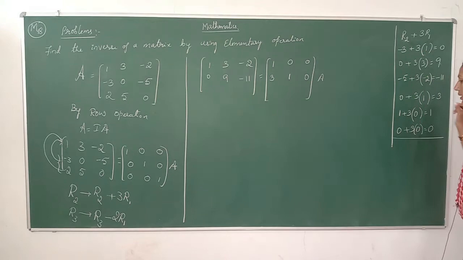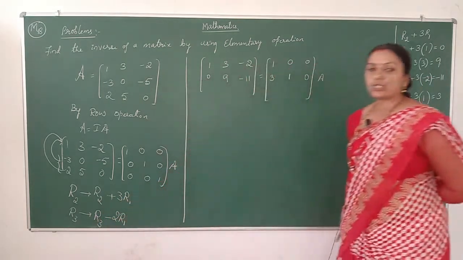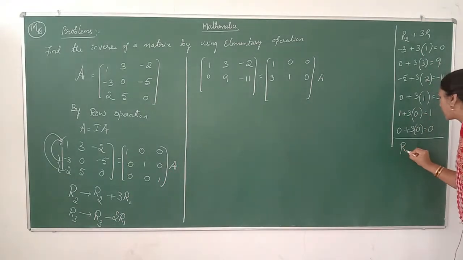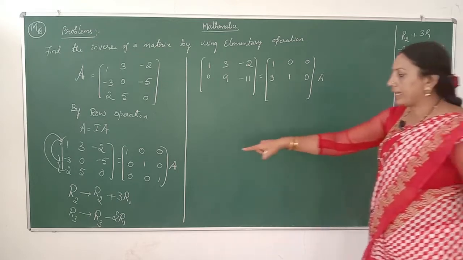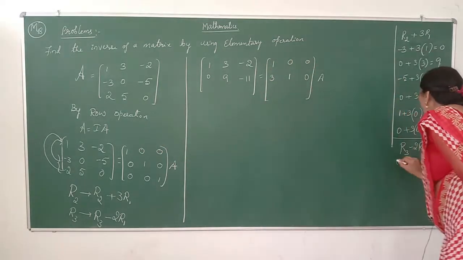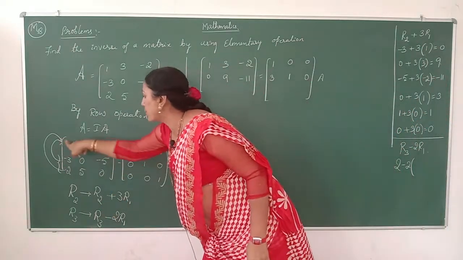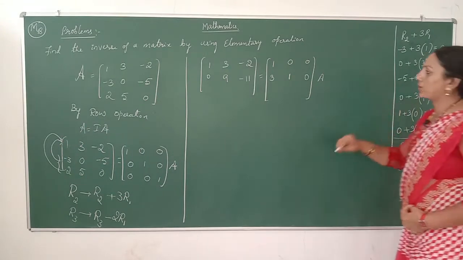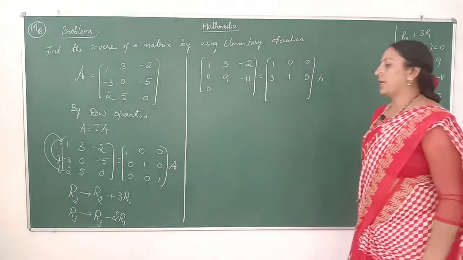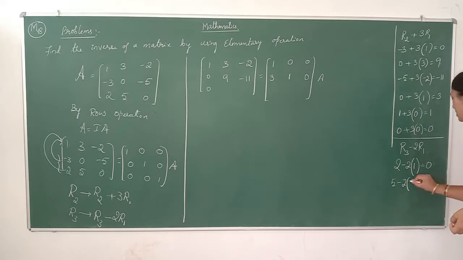Similarly, the third condition, R3 changes with R3 minus 2 times R1. So R3 is 2 minus 2 times the corresponding R1, which is 1. That is 2 minus 2 equal to 0. Similarly, the next element of R3, 5 minus 2 times the corresponding R1, which is 3.